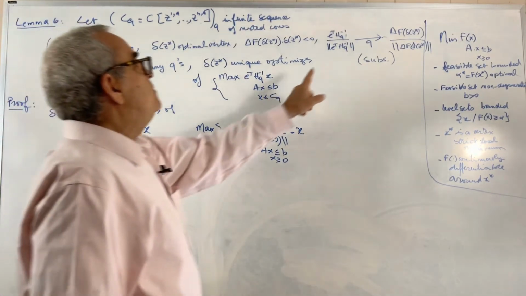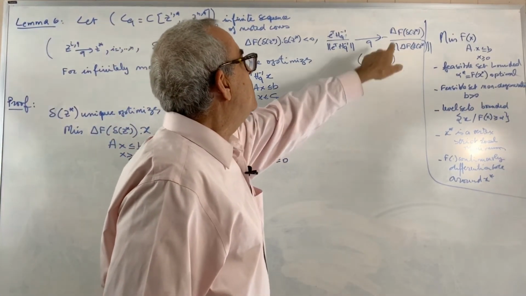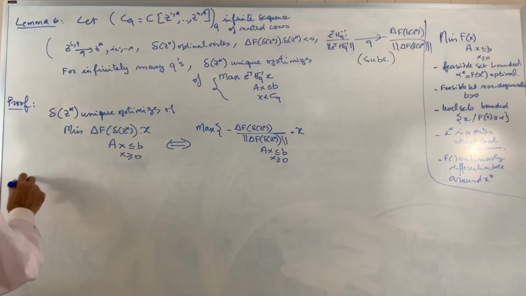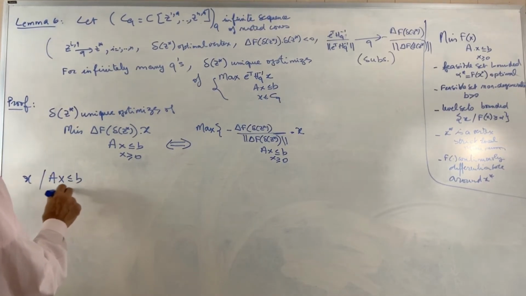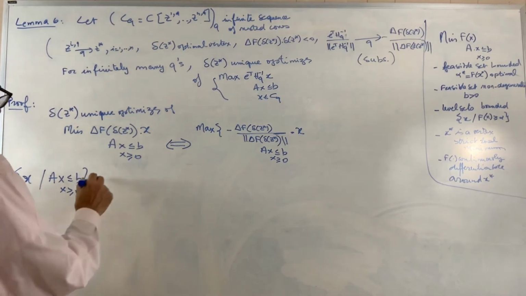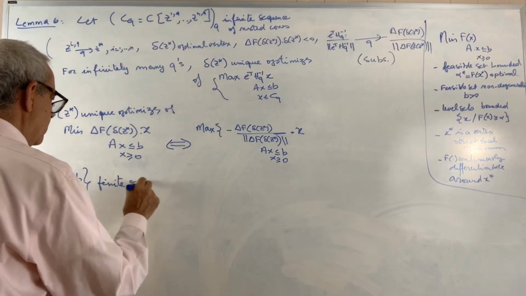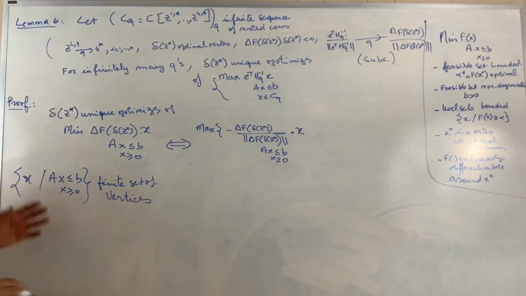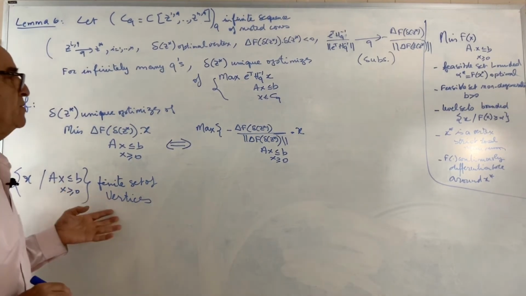But this vector here converges subsequentially to this vector here. And because the set of X such that AX less or equal to B, X greater or equal to 0, has a finite set of vertices, right, it's a bounded polyhedral set, so it's the convex hull of its vertices.